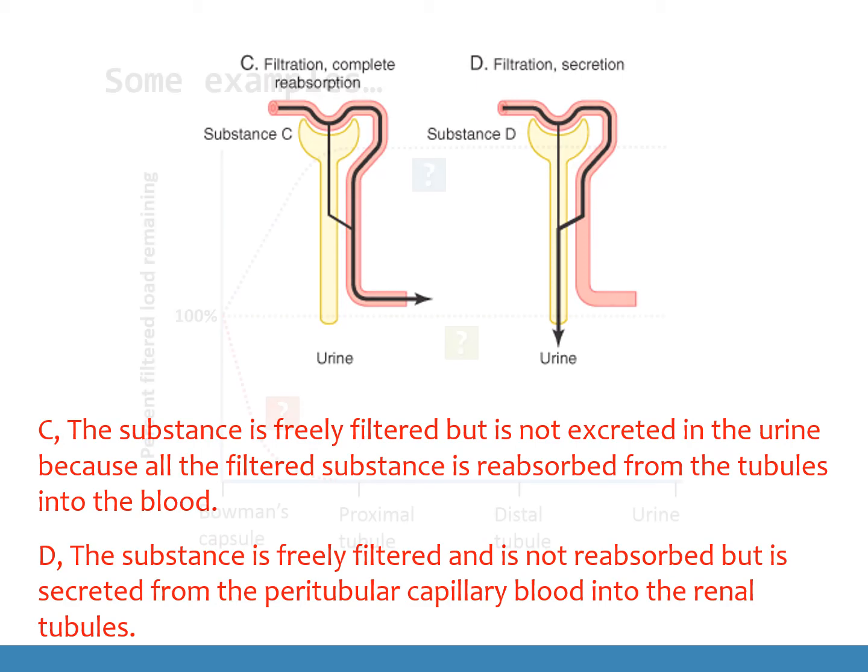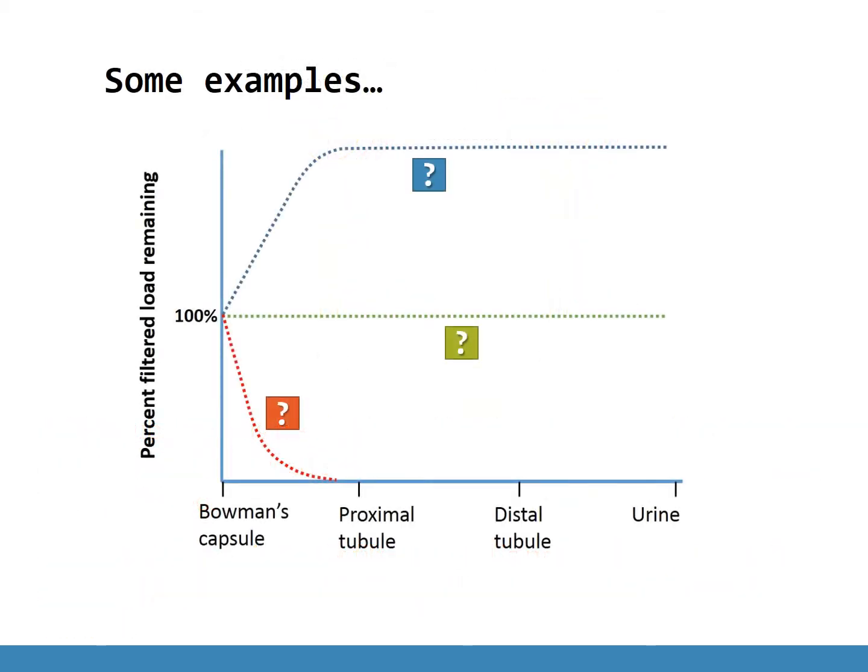Now let me put it in a different way. This is a diagram showing you the percent filtered load of a particular substance remaining in the tubules. So there is a substance which is, say, the green color. It is filtered 100% and it is excreted in the same amount in the urine.